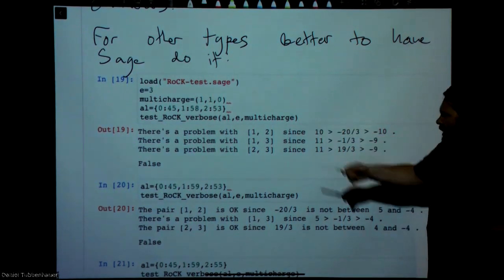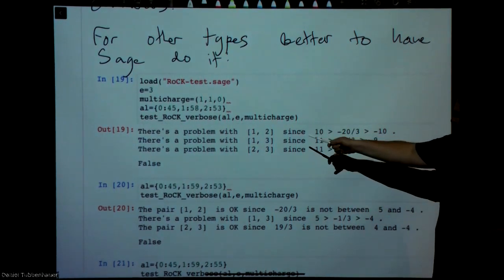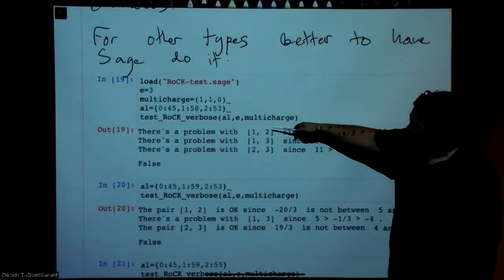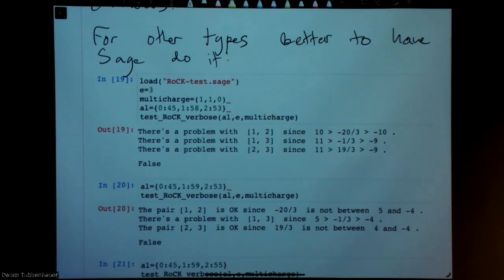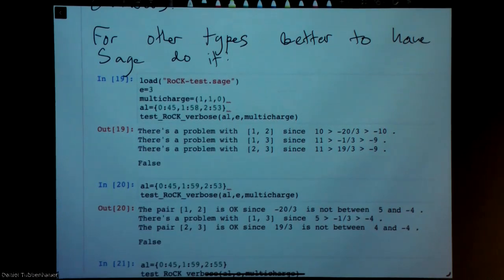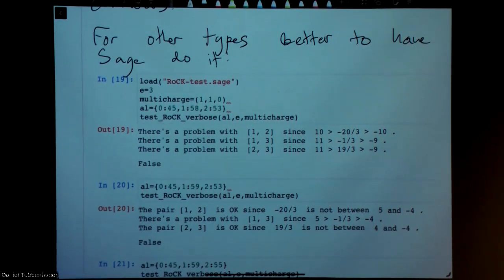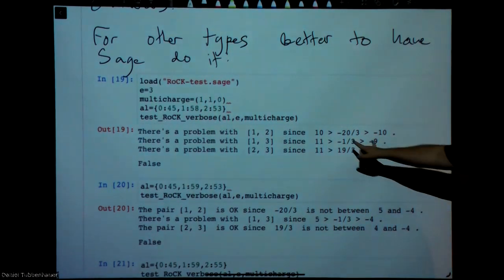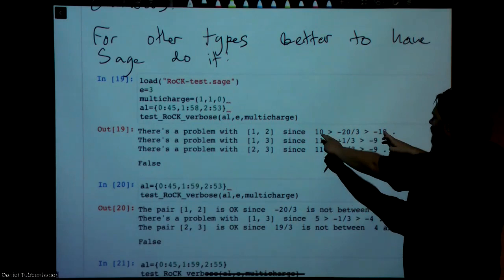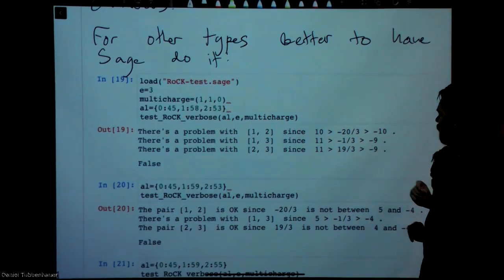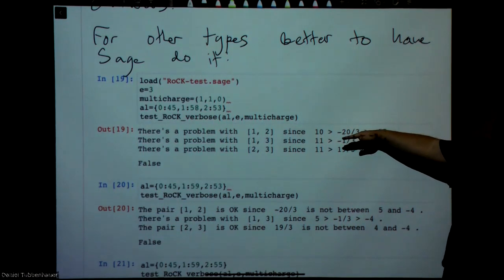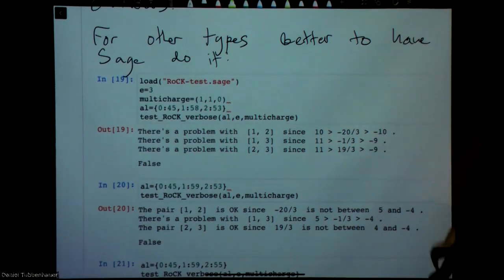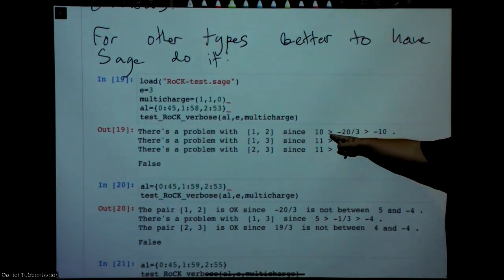And the answer is no. So what it's looking at is, for each simple root, there are finitely many translates that are the walls. And if I'm going to be RoCK, I have to be on the far side of all of those. So there will be some values that my inner product with a particular simple root can't be between. Here, I ended up between these 2 values.